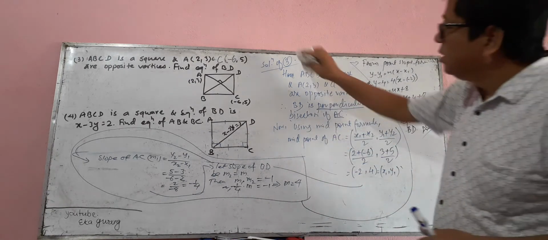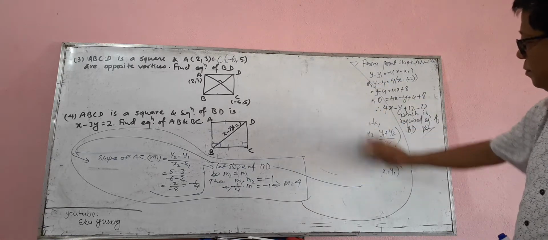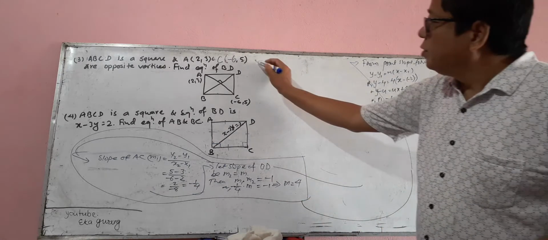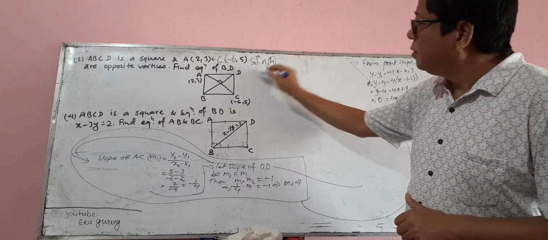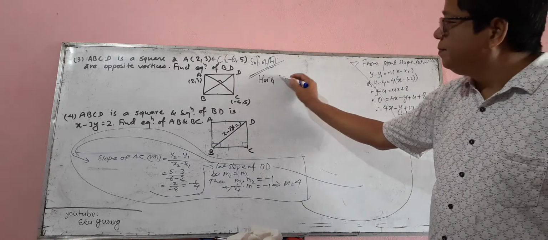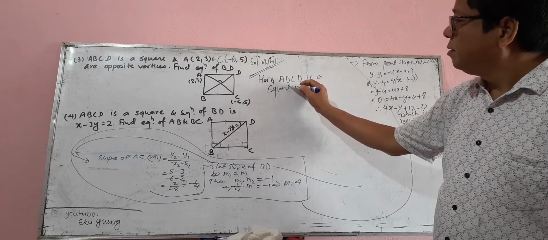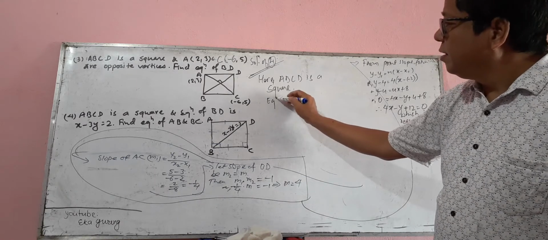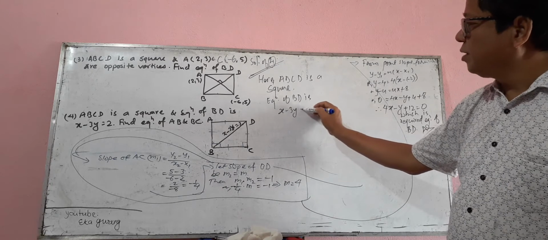Okay, now we start the solution of 4. So here also the same. ABCD is a square, and what is given? The equation of BD is x minus 3y equals 2.